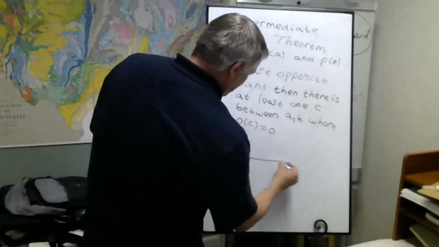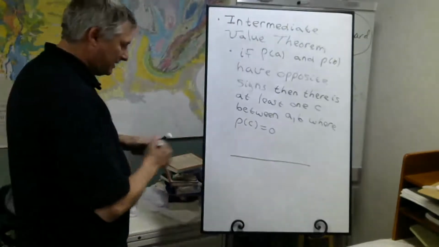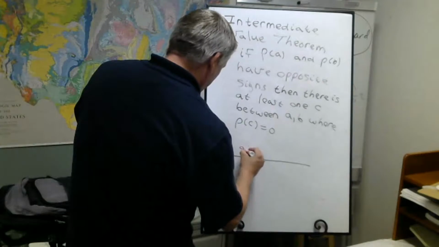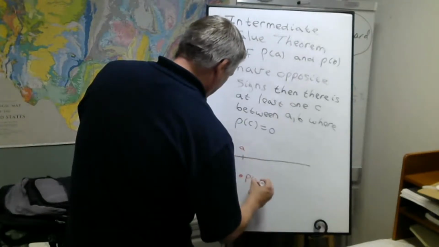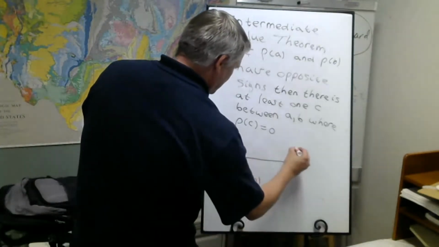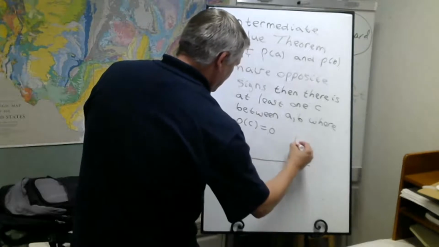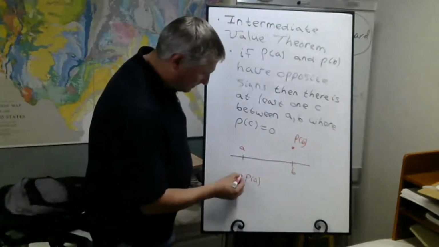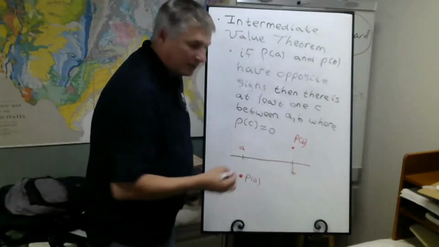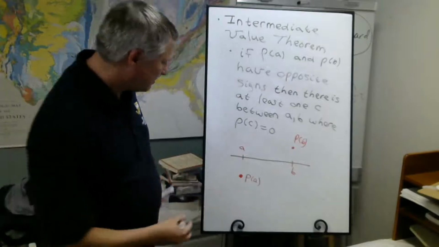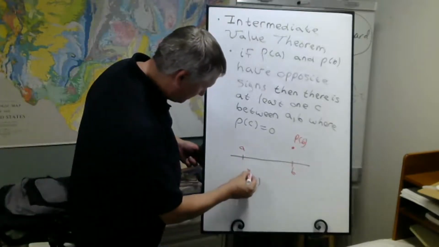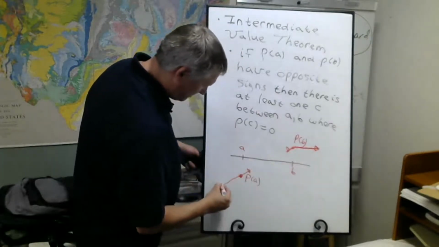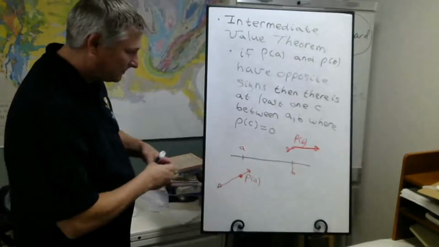What that's saying is that if you have a polynomial passing through this point, and this point, then somewhere in the middle, somewhere along in here, there's at least one point where this polynomial crosses this x-axis.